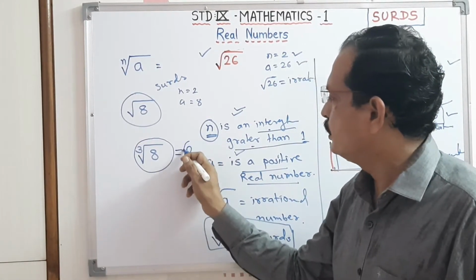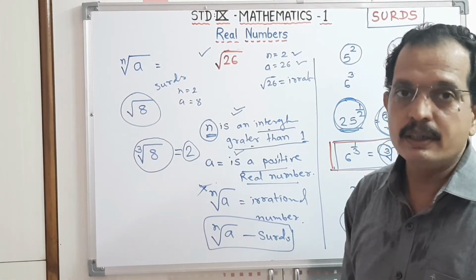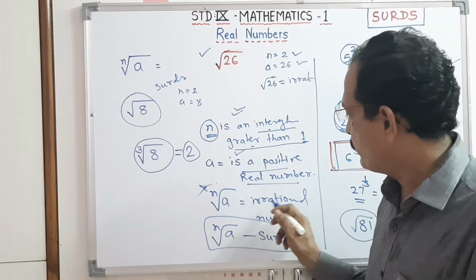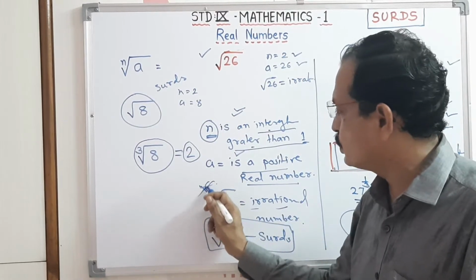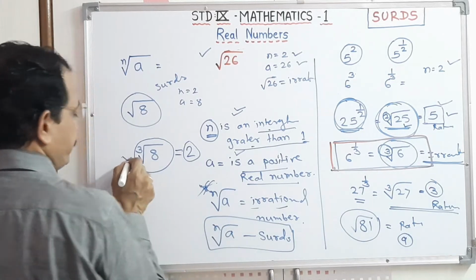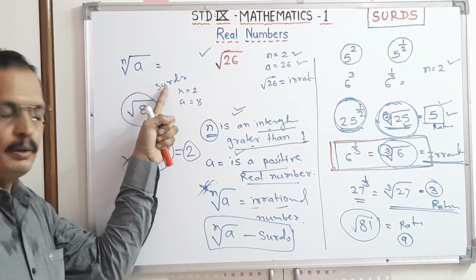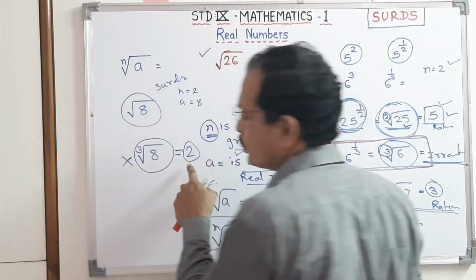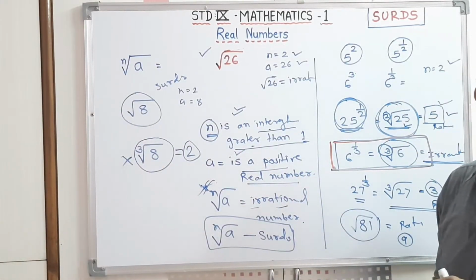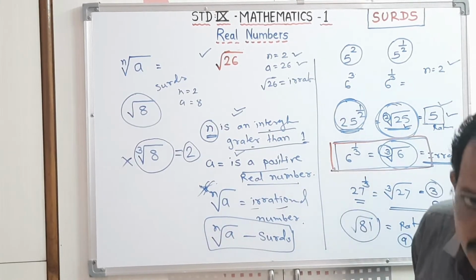Now tell me, is this 2 a rational number or an irrational number? It is a rational number, and therefore the third condition is not followed, therefore this is not a surd. The square root of 8 is a surd, but the cube root of 8 is not a surd. Got it? Therefore this is the basic of the surd.